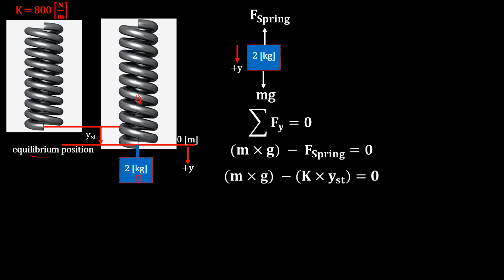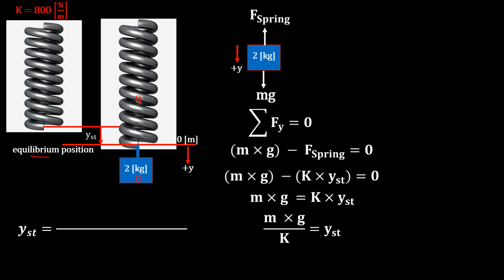We can find how much this spring got stretched due to the hanged mass. So we can move this to the other side of the equation, and now we can solve for y stretch. So y stretch is mass times gravity divided by k.